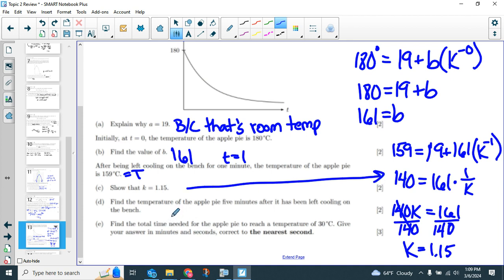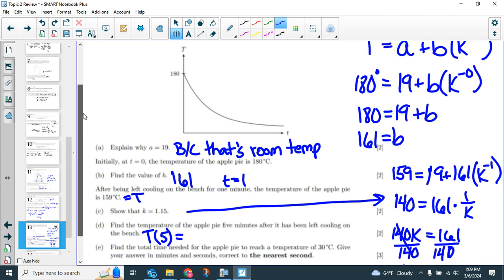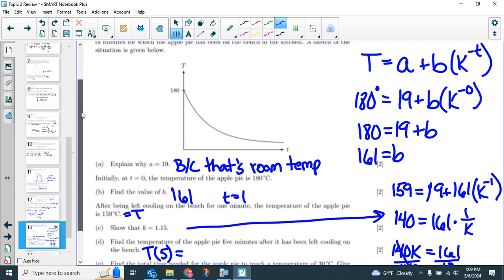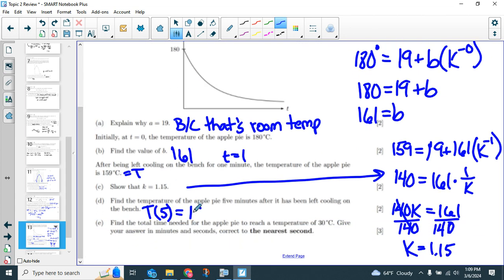Find the temperature of the apple pie 5 minutes after it has been left cooling on the bench. So we're looking for T of 5. But now I know all of my stuff. I know that A is 19, I know that B is 161, so 19 plus 161. We know that k is 1.15, and we're doing that to the negative t power, so in this case, to the negative 5th power.